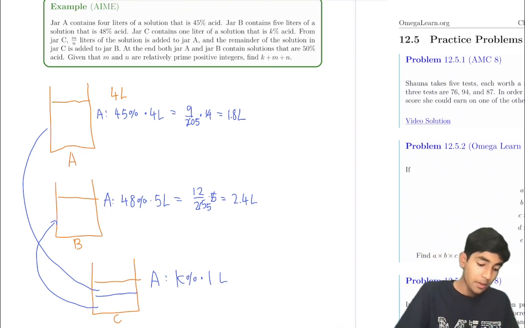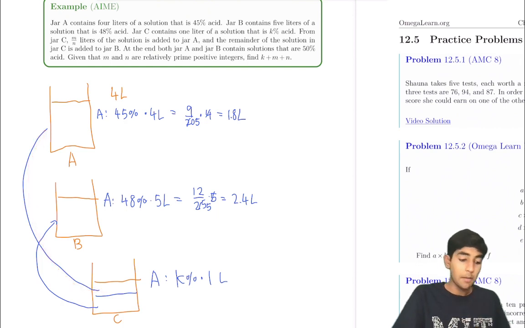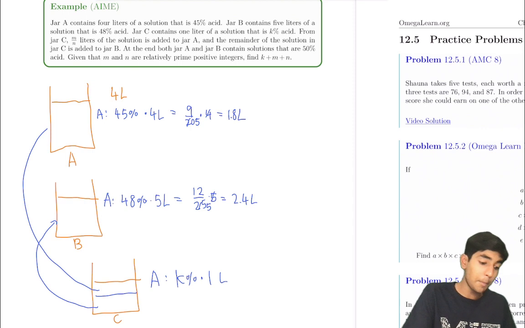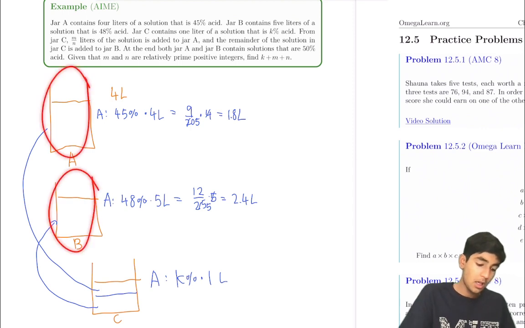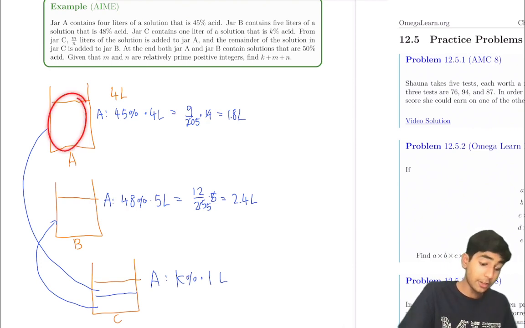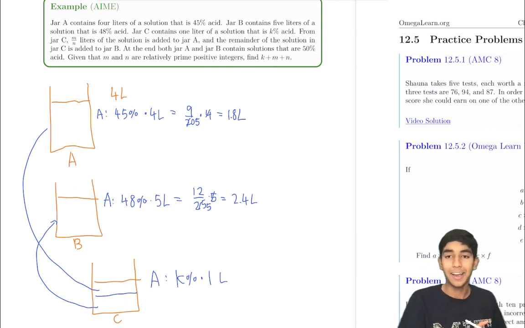Because after adding this amount of solution in C, A and B are each individually 50%, which means that them combined are also 50%. But remember that the combined solutions are just the original solutions A, B, and C. And that must be 50%.